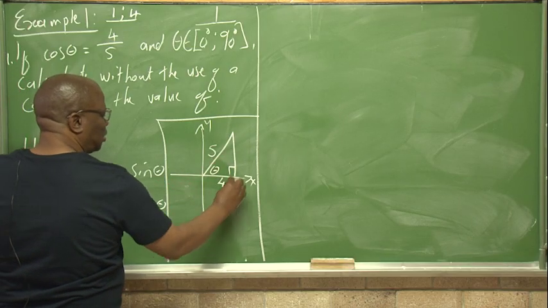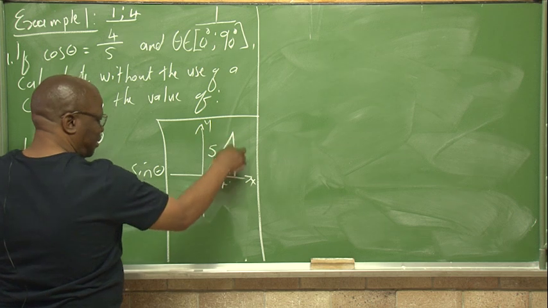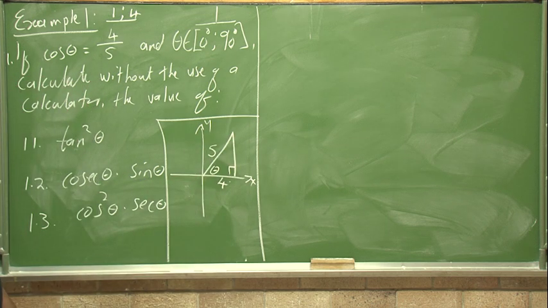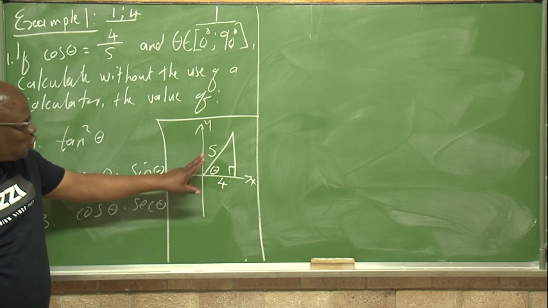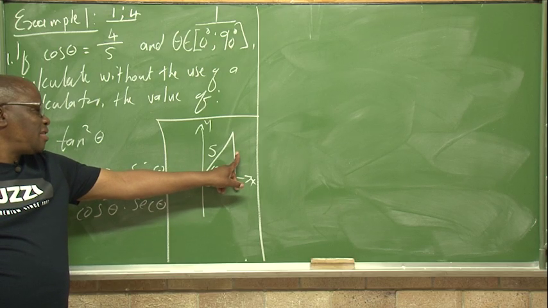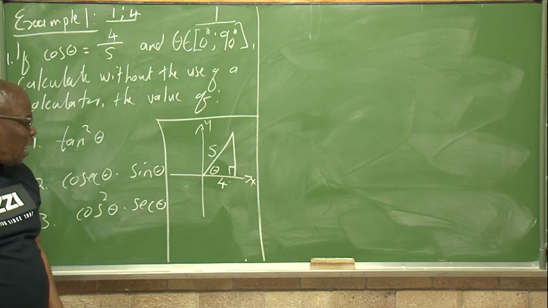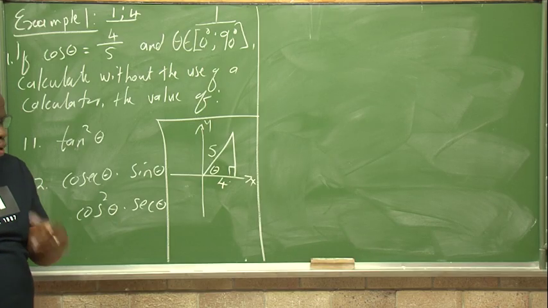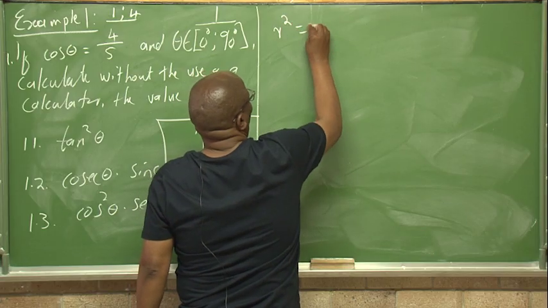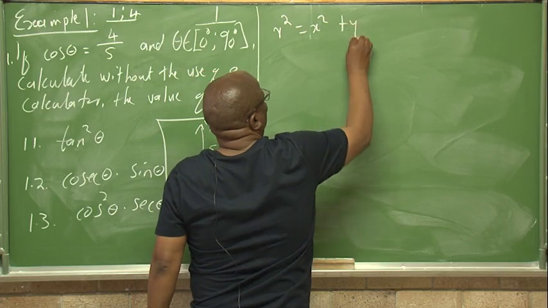Remember, the horizontal ones are the x values, the vertical ones are the y values, and the slanting one represents the hypotenuse. So if you have a situation like this, we need to calculate the length of the third side. To do that, we use Pythagoras theorem, which states r squared is equal to x squared plus y squared.